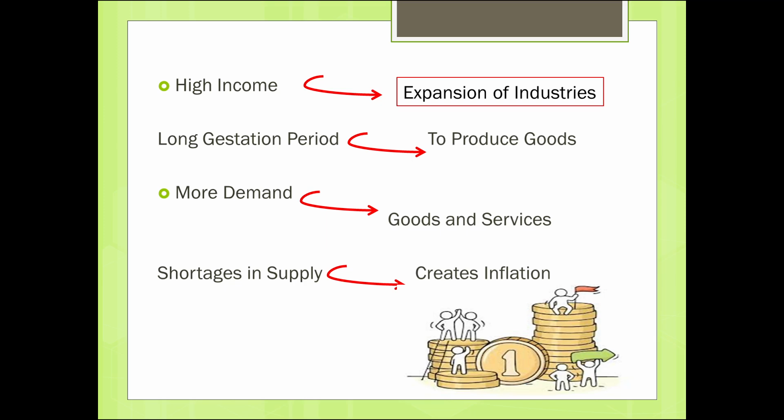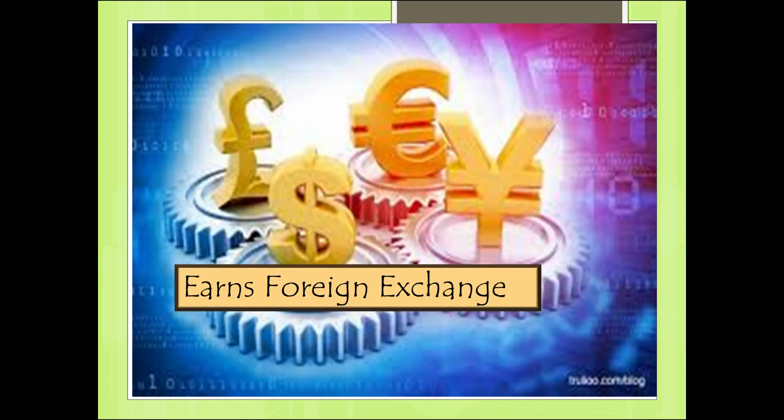During the period of development, it generally takes a long gestation period to produce more goods and services, and because of more demand and shortages of supply, inflation is created in the economy. To counteract such inflation, we need more production of agricultural goods and services. We need to ensure the development of agriculture in the economy. This is the second role. And thirdly, to earn foreign exchange.